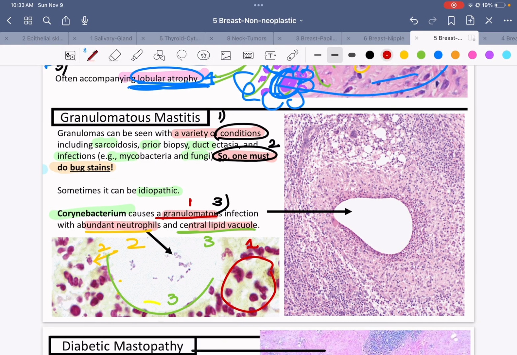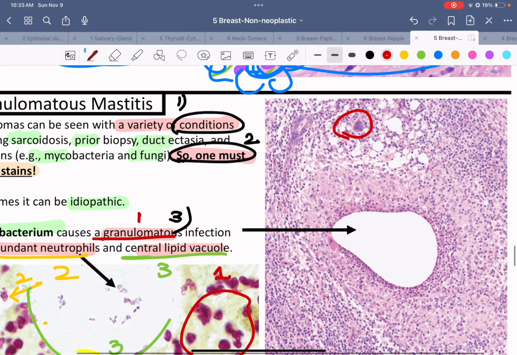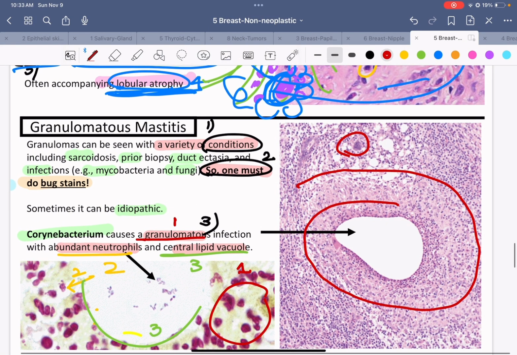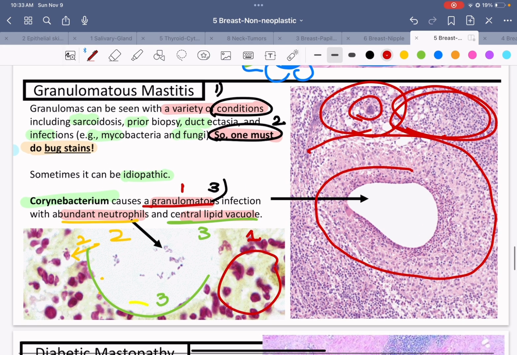Whenever you find granulomas with multinucleated giant cells and chronic lymphocytic infiltrate, encapsulating or forming these well circumscribed areas of inflammation, then you will think about the differential diagnosis of sarcoidosis or a prior biopsy site, duct ectasia, or numerous infections such as mycobacteria and fungal infection. So what is important? Whenever you find granulomatous mastitis, you will do your special stains, and sometimes even after doing the stains it can be idiopathic.